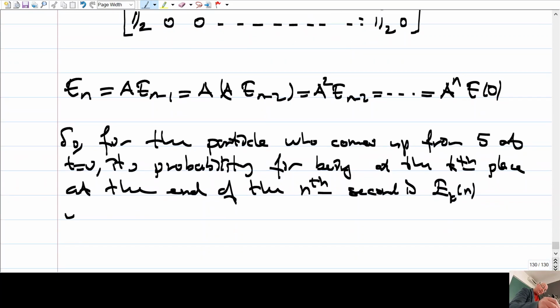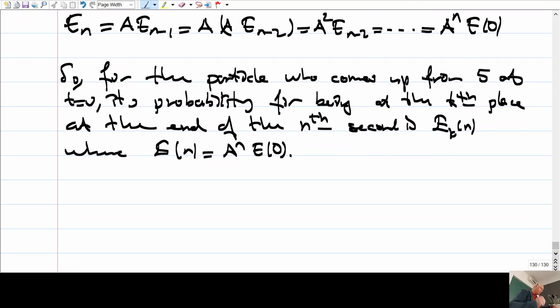Where En is A to the power n times E0. Okay, and EK is the kth entry of this column vector.